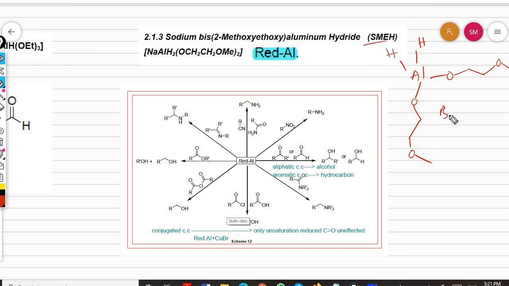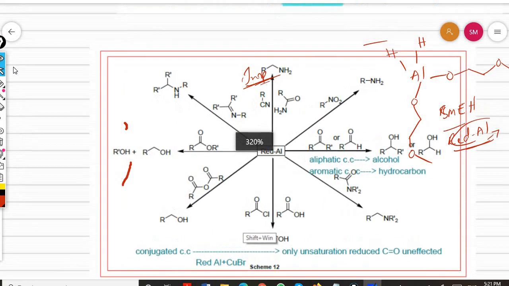In short it is SMEAH, sodium bis(2-methoxyethoxy)aluminum hydride, or simply you can say Red-Al. This reagent is called Red-Al. It is a highly important reagent because it can be applied for modified reducing nature in various functional groups. So let's see the functional group transformations.